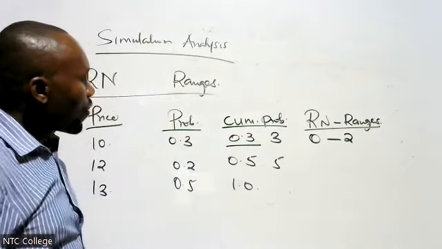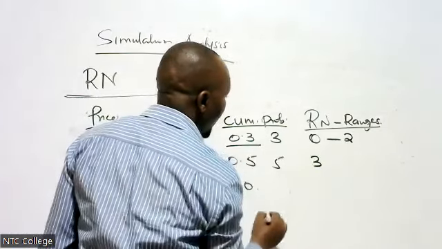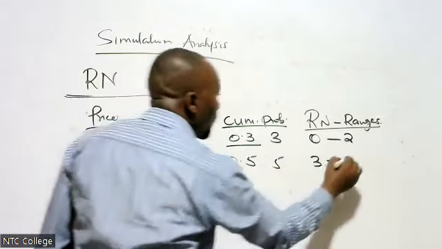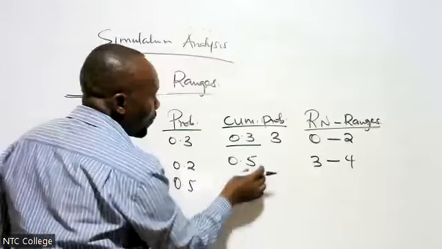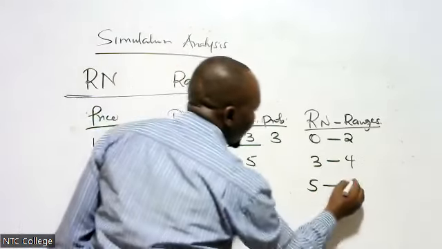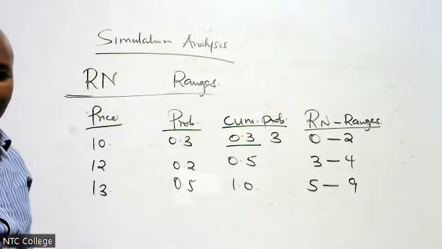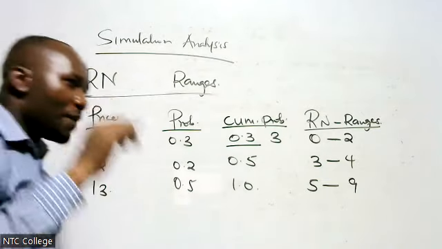So if it is 5, we had reached 2, so we continue from 3. 3 to 1 minus this, that is 4. We come here, 5 now starts. 1 minus 10 is 9. That is the range.